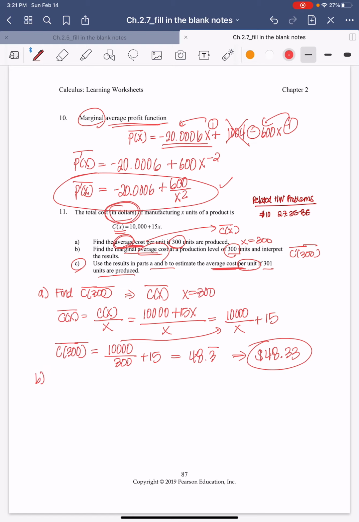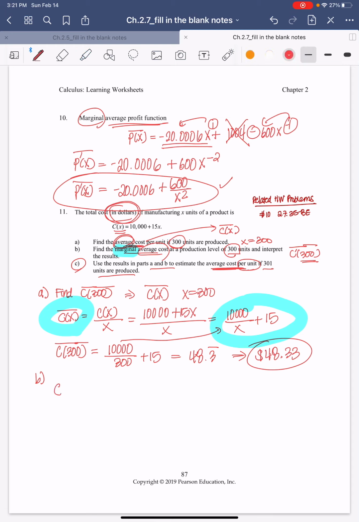Part B. Find the marginal average cost at a production level of 300 units and interpret the result. All right, so that is C bar prime with x being 300. So we have C bar of x right here. Let's first take the marginal, meaning the derivative, of that function.